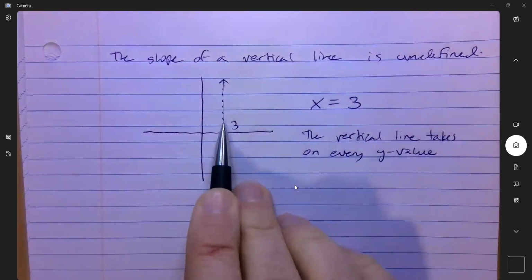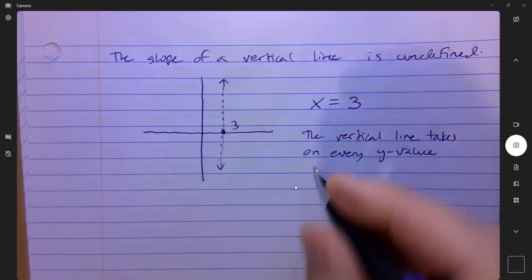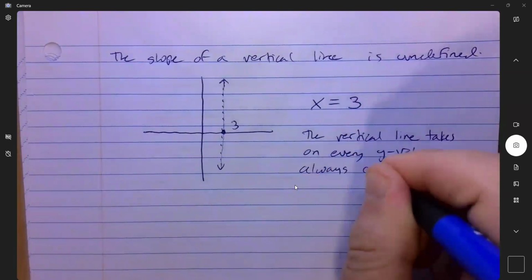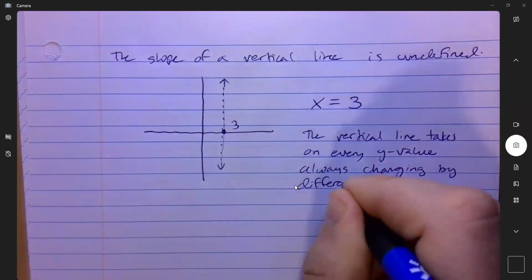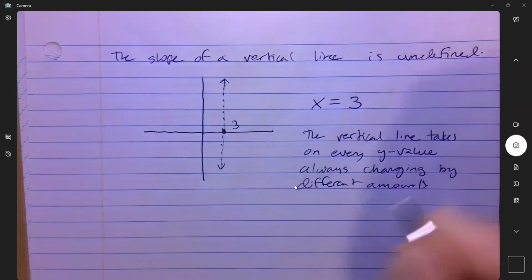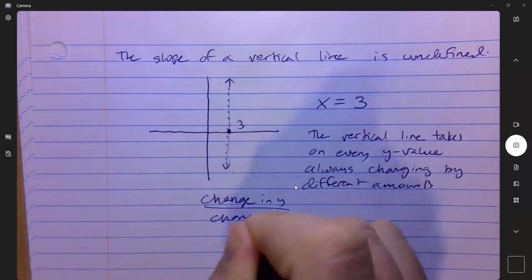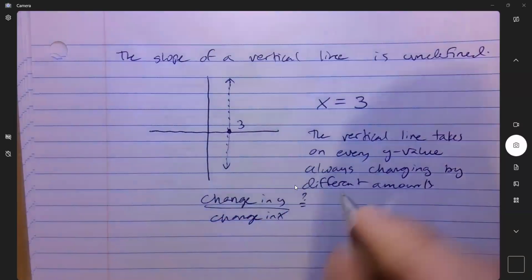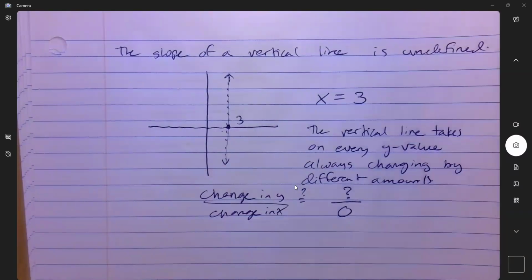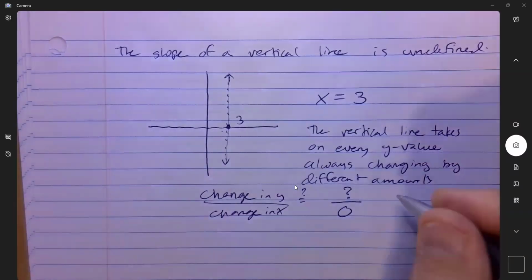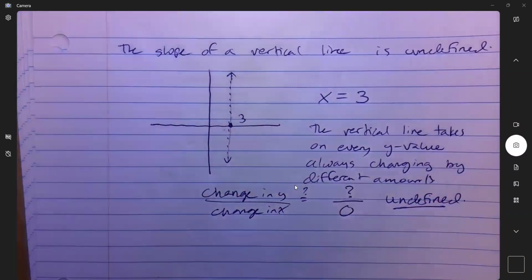It takes on y equals 0, y equals 1, y equals 2, etc., and y equals -1. And if it takes on every y value, it is always changing by different amounts. Well, how am I supposed to do change in y over change in x when it's always changing by different amounts? And by the way, the x value is never changing. So I'm trying to divide by 0. We cannot divide by 0, so the slope of a vertical line is undefined.